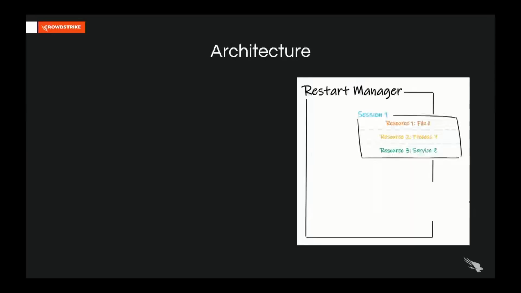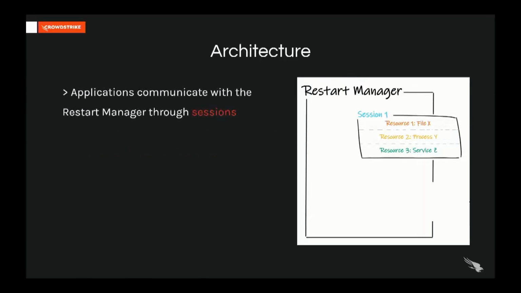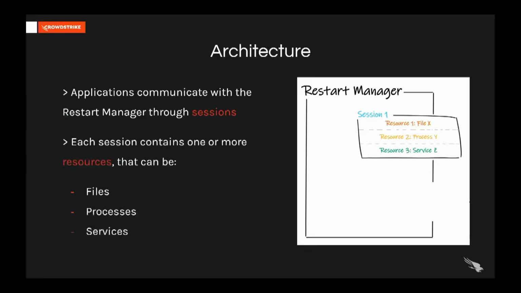To do that, applications will communicate with the Restart Manager through what we call sessions. Sessions are the place where the application will communicate with the Restart Manager, sending and receiving information. Sessions will then contain the resources that the application needs to access. It can be, as we described before, a file, but it can also be a process or a service.